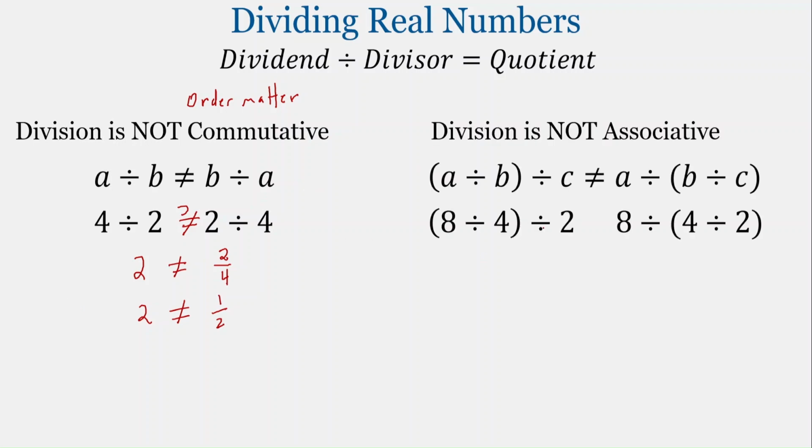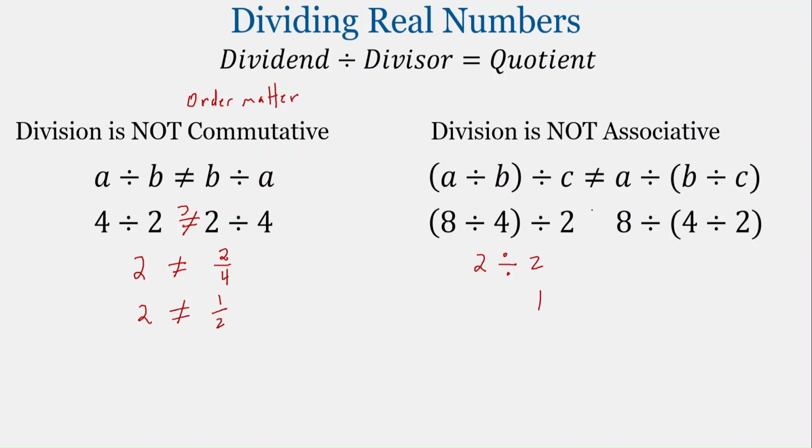Division is also not associative. The way that the numbers are grouped also matters. So using a little bit of PEMDAS here, order of operations, we do everything in parentheses first. So 8 divided by 4, that's 2, leaving us with 2 divided by 2, and that's 1.